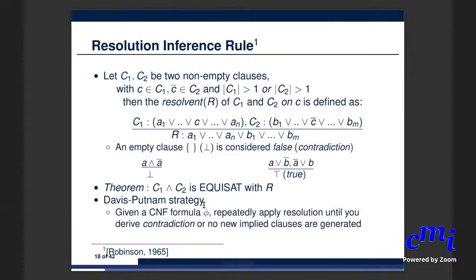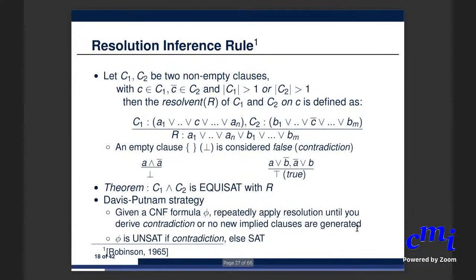Okay. So what it basically does is, given a CNF formula phi, you repeatedly apply resolution until you either derive a contradiction, in which case you can conclude that it is unsatisfiable, or you have no new resolvents, no new implied clauses are generated, in which case you can conclude that it is satisfiable.